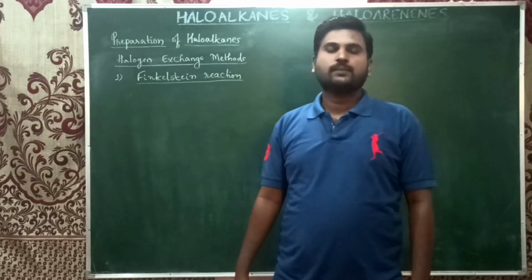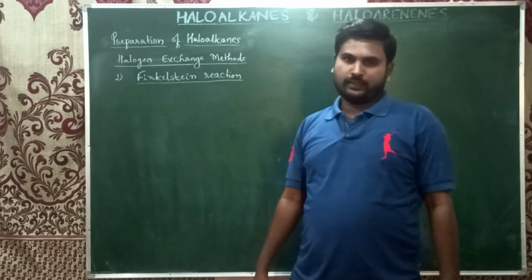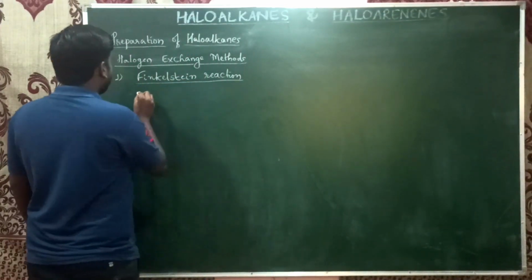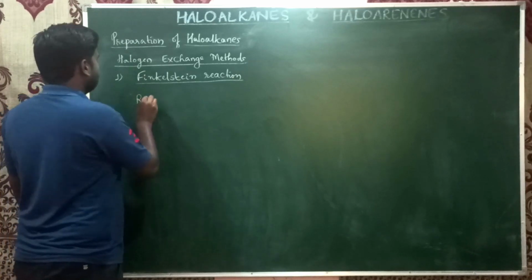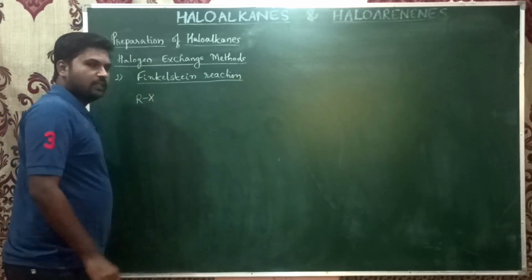Here we can convert chloroalkanes and bromoalkanes into iodoalkanes. In this reaction X is usually only chloro and bromo.